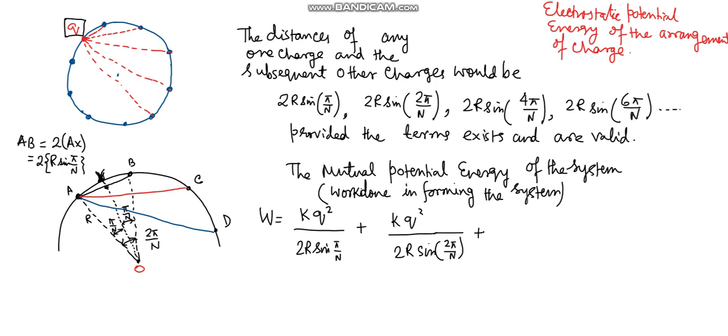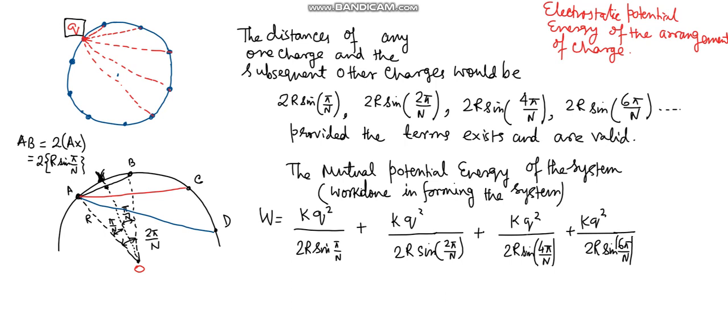Then the next one will be equal to K Q square divided by 2r sine 4 pi by n. Then the next one will be equal to K Q square divided by 2r sine 6 pi by n.